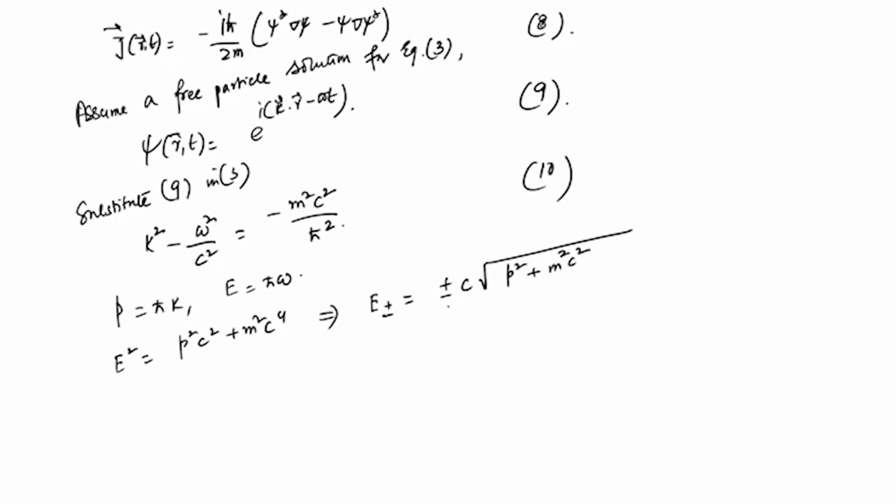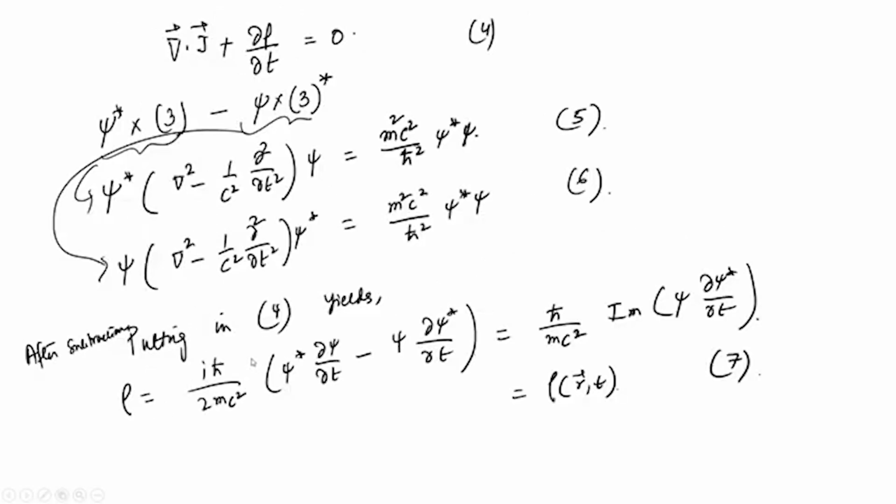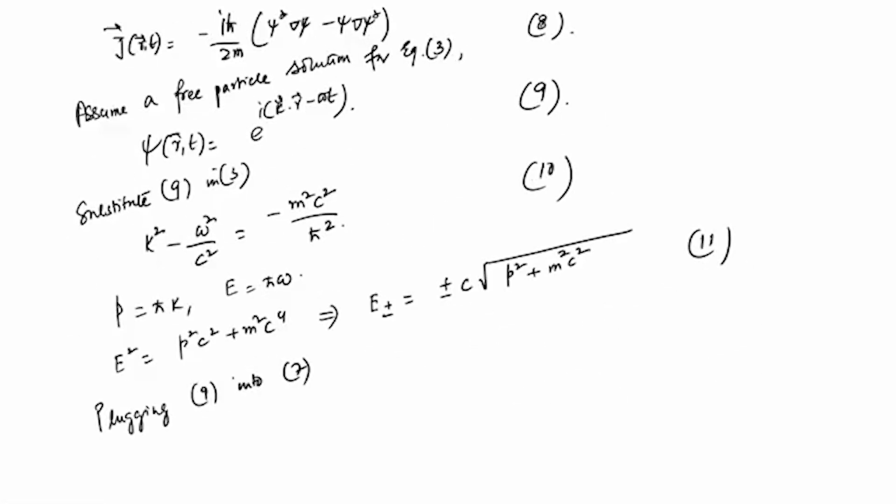If you take this psi from 9 and plug it into expression 7, just to remind you that 7 is the probability density rho of r, t, then what you get is that rho of r, t becomes equal to i h cross by 2 m c square.